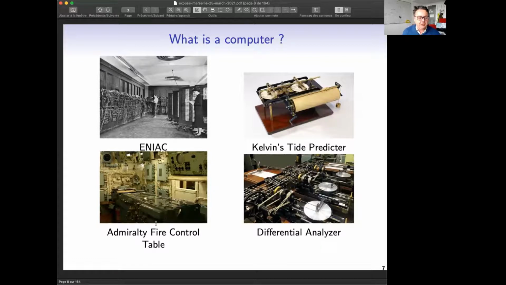Or it includes machines like this one that was used in submarines to control the elevations of the guns.